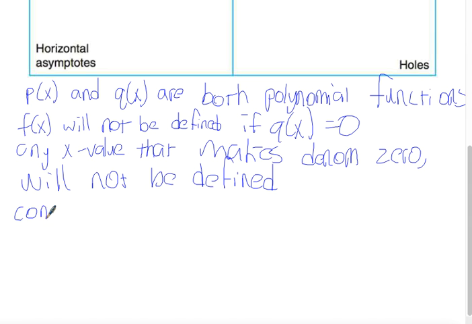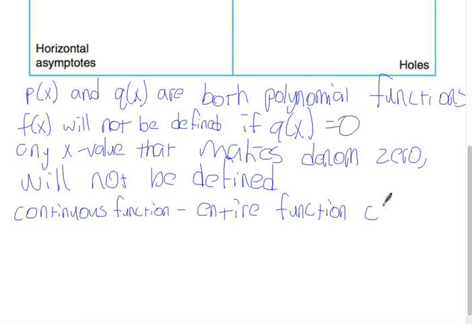A simple way to say it is that a function is continuous if the entire function can be drawn without lifting your pencil or pen.